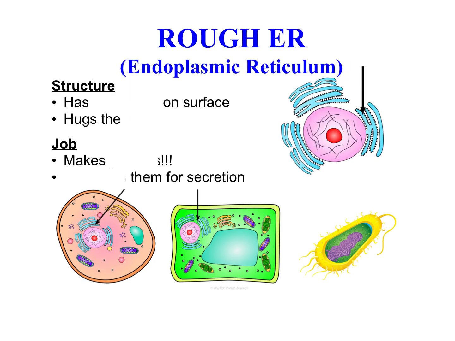Now we are on to the rough ER, and ER stands for endoplasmic reticulum. I will always let you abbreviate it as just ER because nobody wants to spell that. So if we look at the structure of the rough ER, it has ribosomes on its surface. So if we look at our picture over here, you can see all of these bumps, and that's why it actually has the name of rough ER, because it looks bumpy. It also will always be hugging the nucleus.